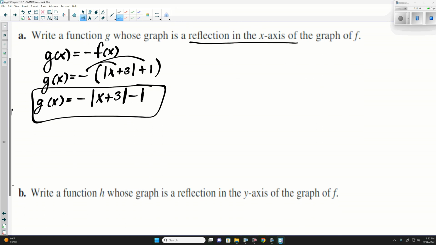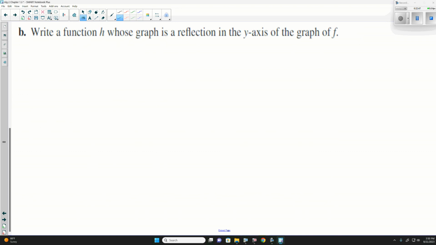Any questions on part A before we look at part B? Write a function whose graph is a reflection in the y-axis. So with x plus 3 plus 1, I believe, is our original function. Now we're looking at a reflection in the y-axis.